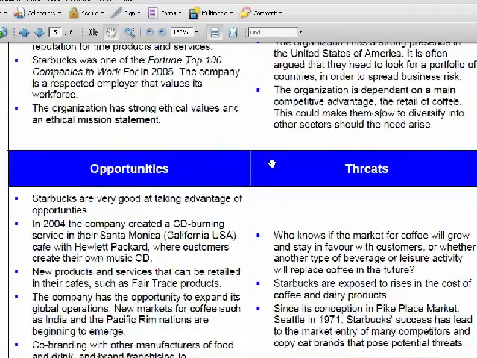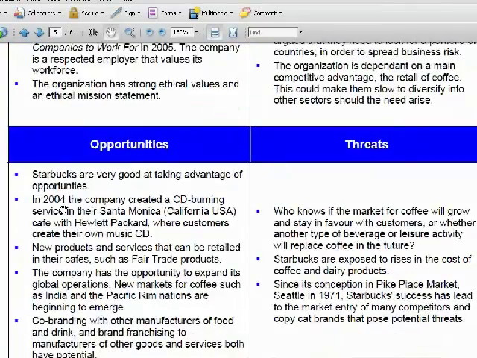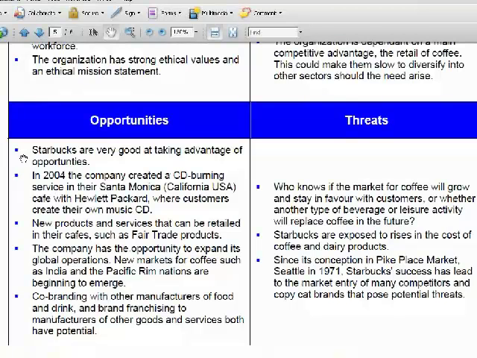Let's look at what they consider opportunities now. They feel they're very good at taking advantage of opportunities. They created a CD burning service. That was an opportunity they saw. New products and services can be retailed in their cafes. Company has an opportunity to expand its global operations.